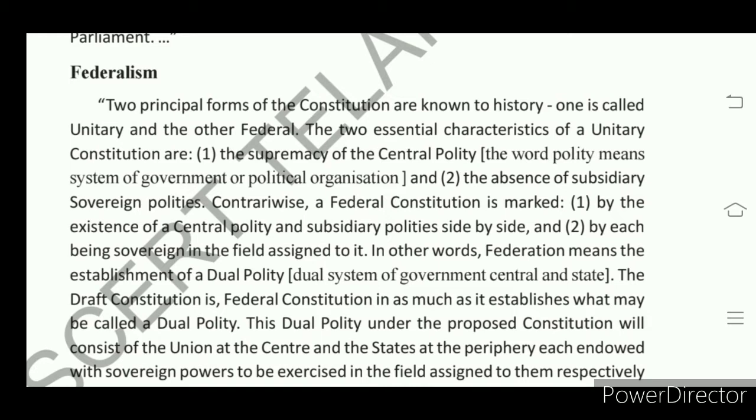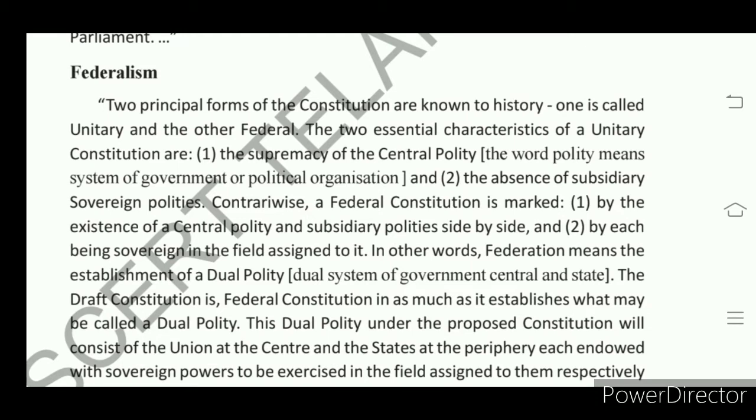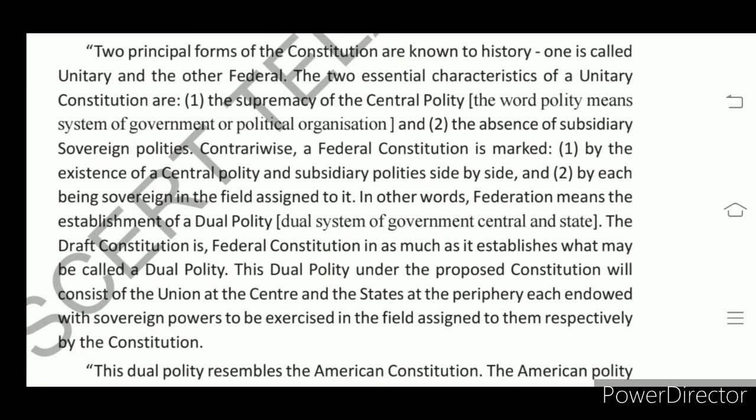In the federal form of constitution, everything is in duality. Along with dual polity, we find dual services, dual citizenship, and diversity of laws in the judicial system. The American government has a dual polity and dual citizenship.